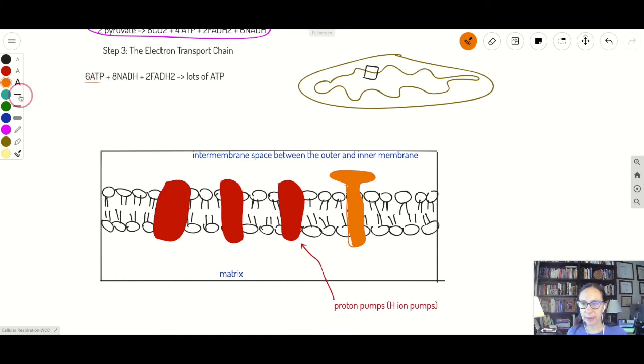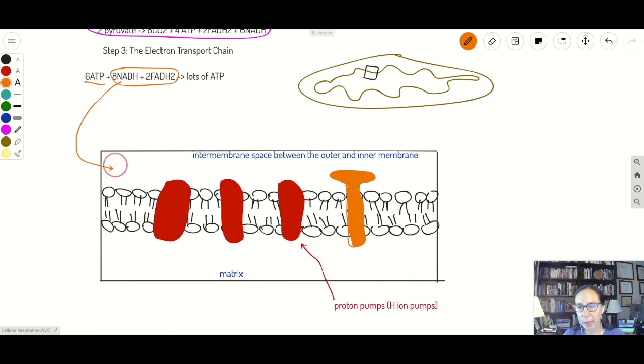But what's going to go into the electron transport chain are these two molecules. They're going to go into the mitochondria, into the inner membrane space between the outer and the inner membrane. And these proton pumps are going to take these hydrogens off of the molecules.